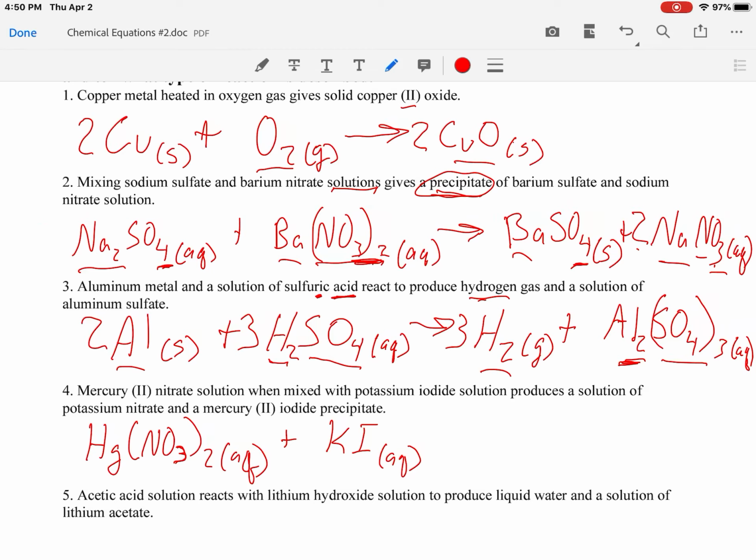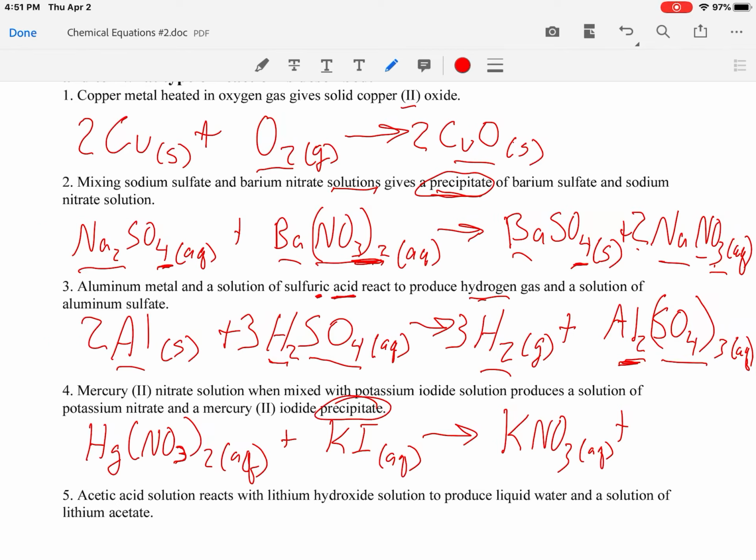So potassium iodide is just KI, +1, -1. That's a solution. This is another one that's very similar to number 2, where these 2 ionic compounds that are in solution are going to switch partners. And so now it produces a solution of potassium nitrate, right? Now the potassium's now with the nitrate, and that's a solution, so that's an AQ.